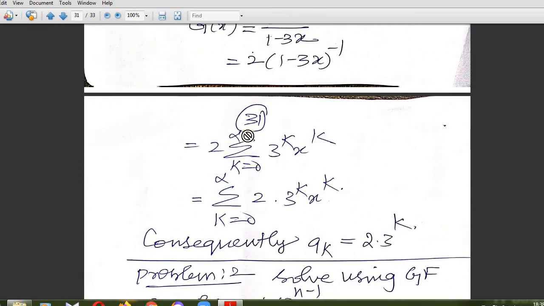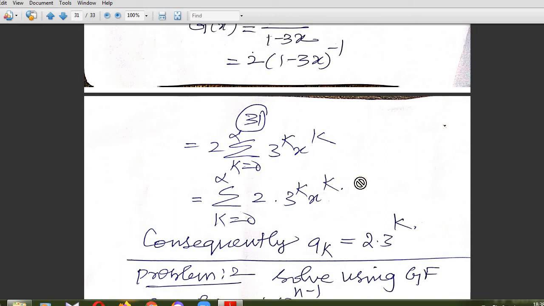Now bring this constant after the sum. Both are equal, am I correct? Here the sum multiplied by 2 is nothing but each individual element multiplied by 2. That's what the rule says. So we can bring this 2 inside without loss of generality: 2 into 3 power k x power k.